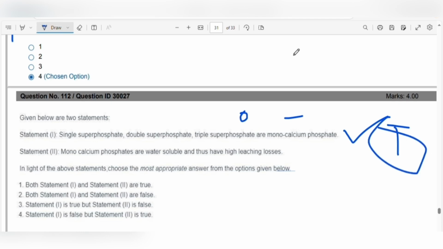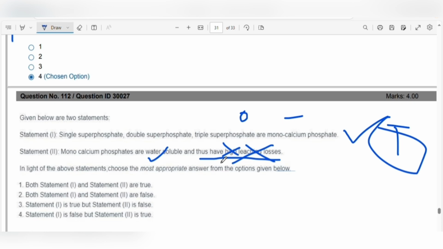The second statement is that monocalcium phosphates are water soluble, which is correct, but thus have high leaching losses. This portion is not correct. Phosphorus can never have high leaching losses because phosphorus is highly immobile in soil. It gets readily adsorbed onto soil colloids by ligand exchange, or it gets readily precipitated as calcium, aluminum or iron phosphate depending on the pH of the soil.